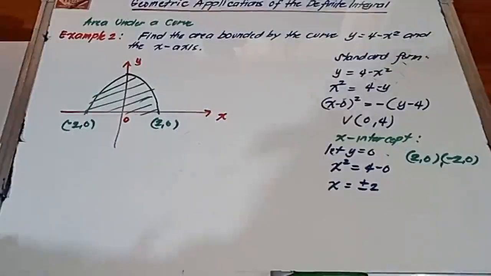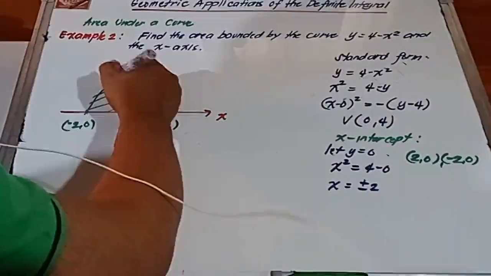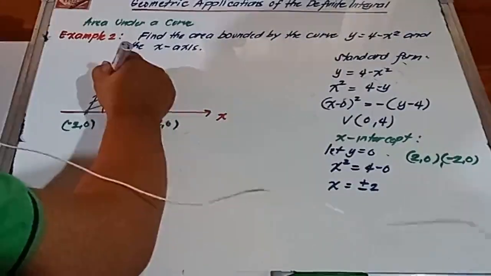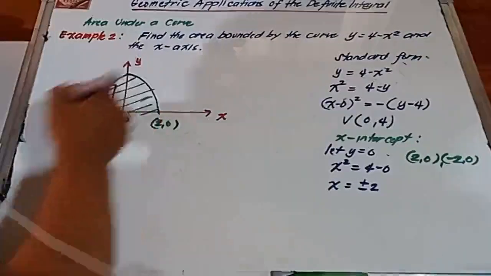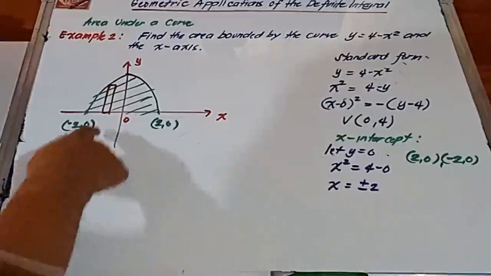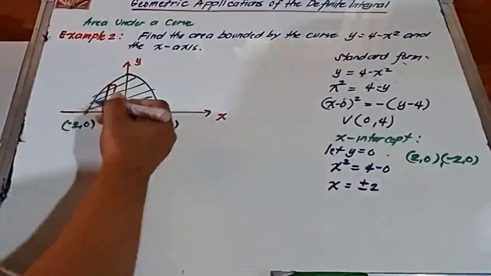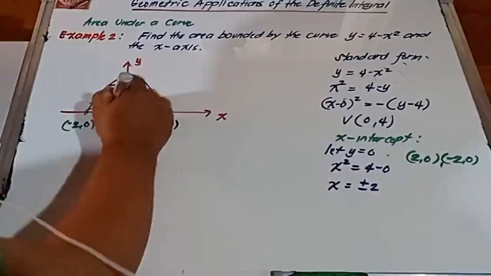Okay? Remember, yung ating variable rectangle of altitude y, sabihin natin ito yon. Ang kanyang height ay y, ang kanyang base ay dx. Okay? So, ito ay dx, ito yung ating y.